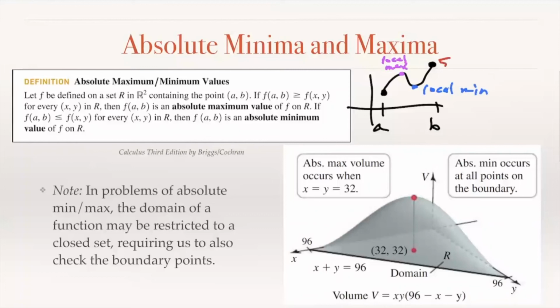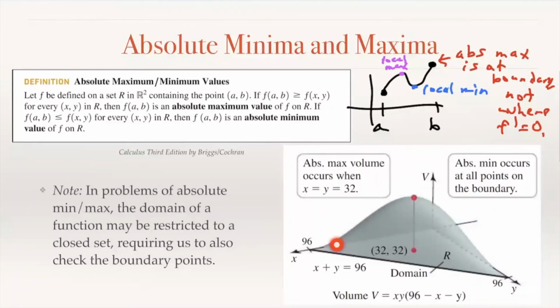However, the absolute maximum would be at the boundary and not a point where the derivative of the function was 0, so not a critical point in the Calc 1 sense. The same thing can happen here, where we can have minima or maxima along the boundary that are not critical points.